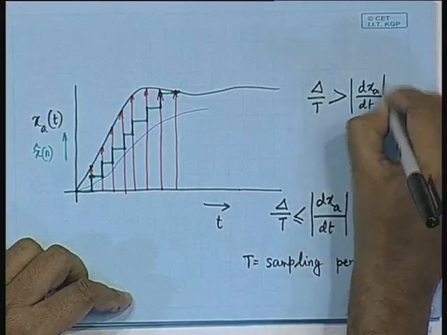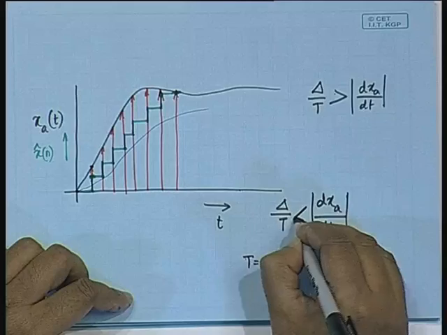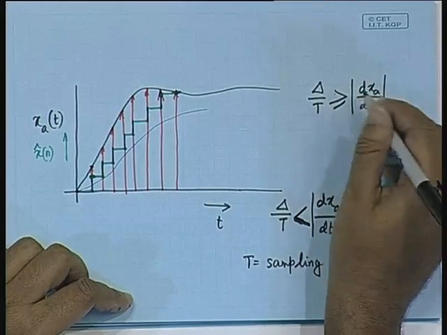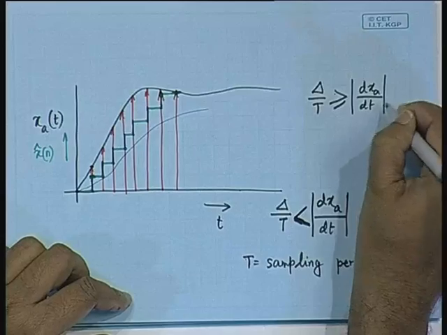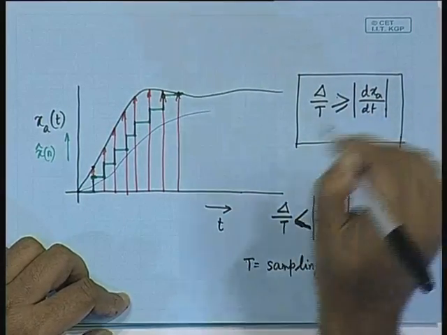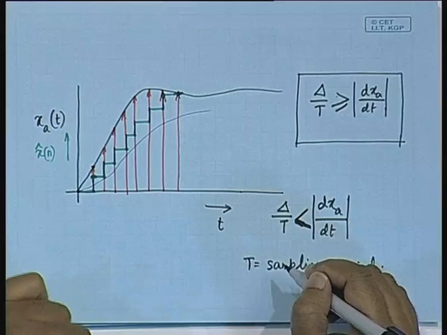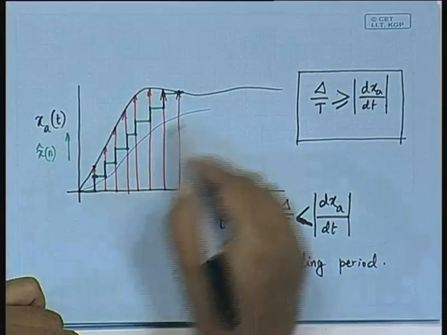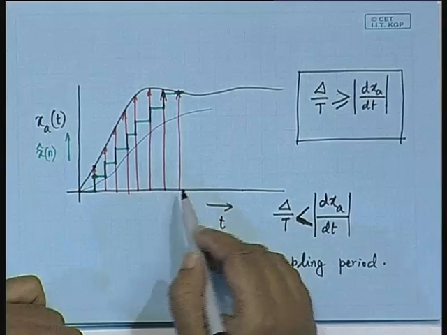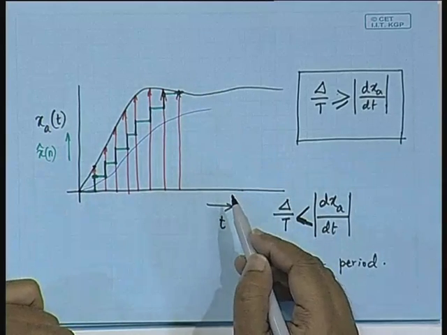In fact, we should say delta by T greater than or equal to dxa by dt should be the condition which must be satisfied so that the analog signal is tracked down properly by the encoded signal.